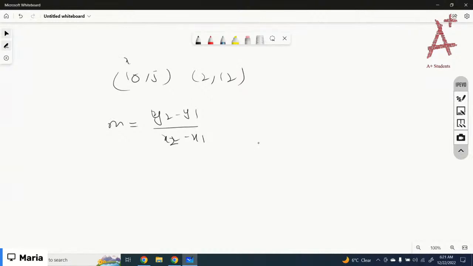So this is x1, y1, this is x2, y2. Got it? So just do y2 minus y1, 12 minus 10, and x2 minus x1, 2 minus 5. So 12 minus 10 is 2, and 2 minus 5 is negative 3. So the slope is negative 2 over 3. Got it?